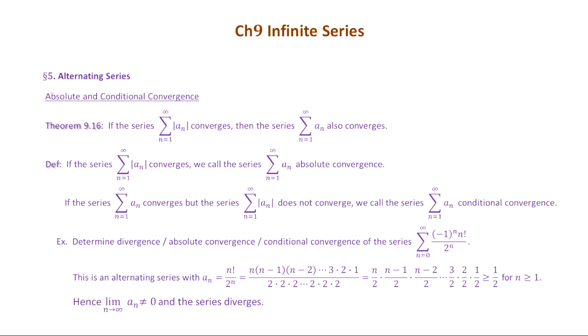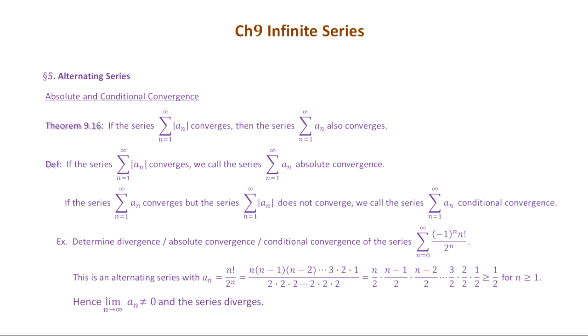And 2 to the n is n copies of 2 multiplied by each other. And then you have n numbers from 1 to n on the top multiplied together.